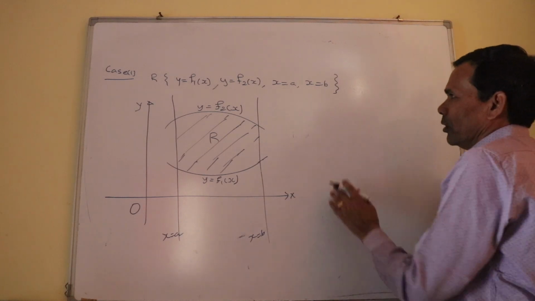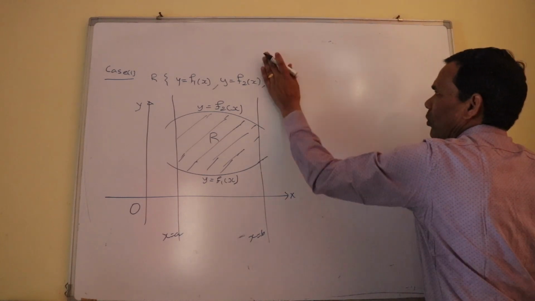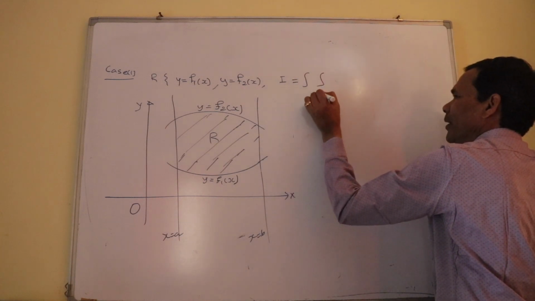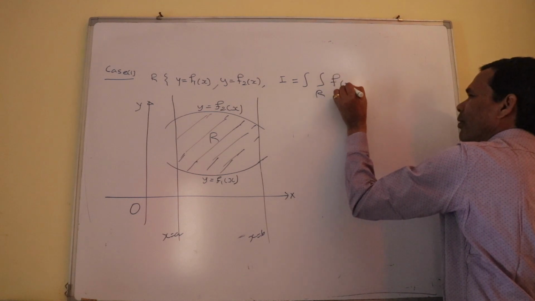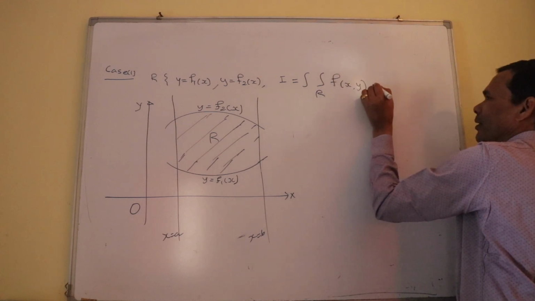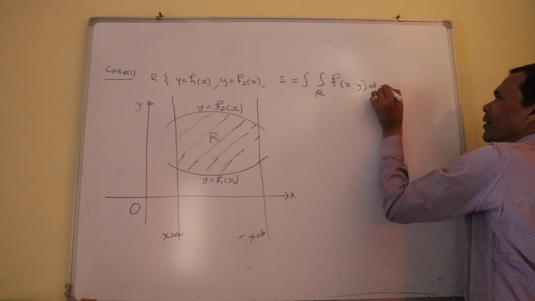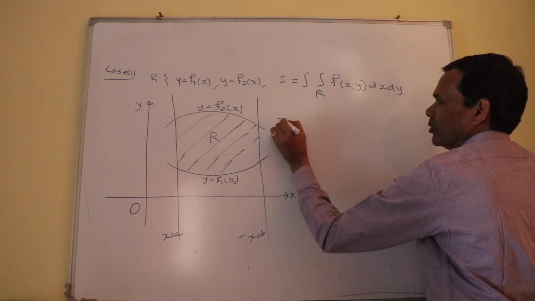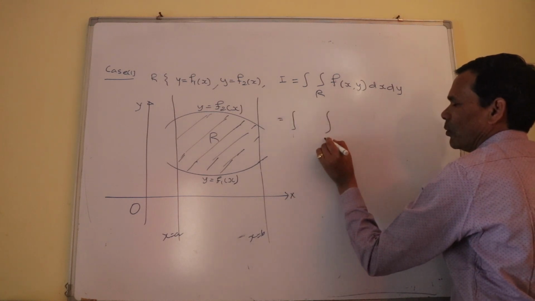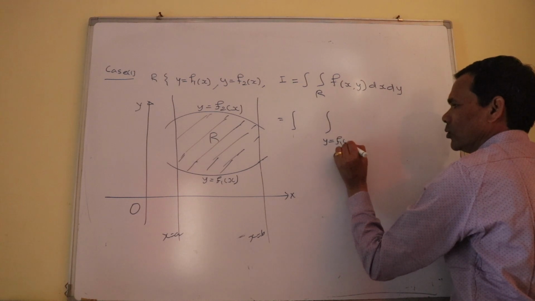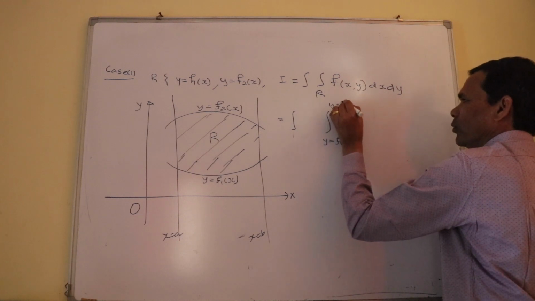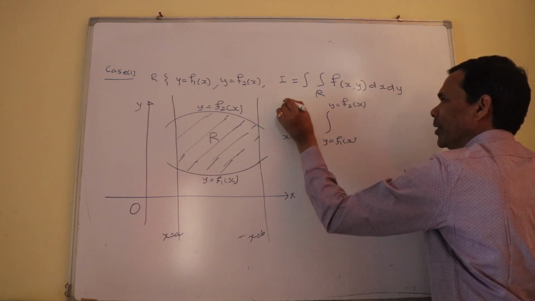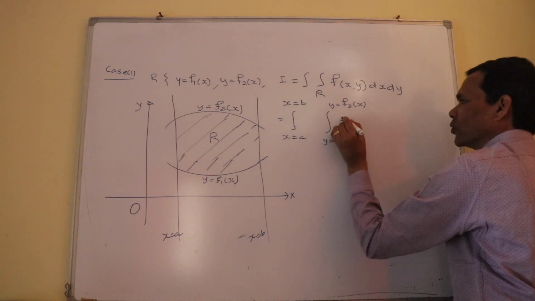So for the region R, I is equal to, by the basic definition of double integration, the double integral of some function f of x, y which is continuous over the region R bounded by these boundaries. I insert these limits: y is equal to f1 of x to y is equal to f2 of x, x is equal to a to x is equal to b, then f of x, y dx dy.